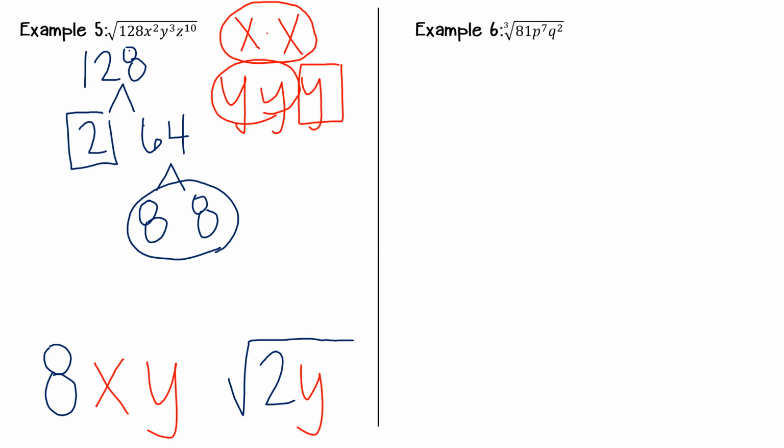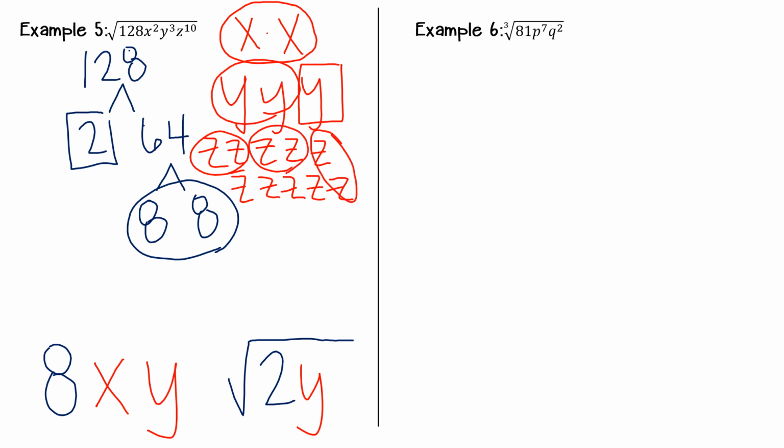Then for the z, if I have 10 z's, and you can write it all out or just start to divide by 2. So if you have 10 z's, that would make 5 couples. And if it helps you visually, then just write it out. 1, 2, 3, 4, 5, 6, 7, 8, 9, 10. So I have 1 pair, 2 pair, 3 pair, 4 pair, 5 pair.